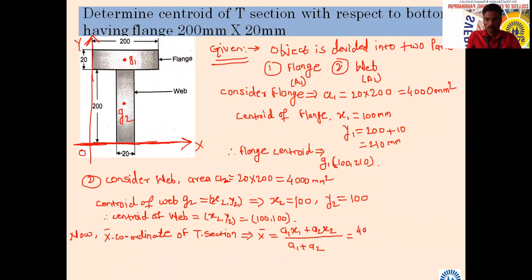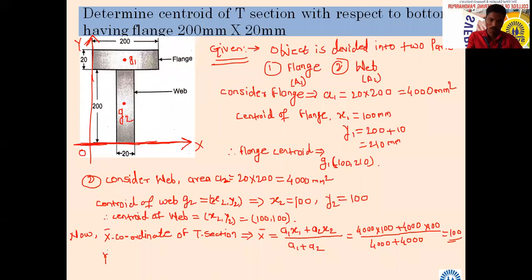A1 is 4000, no? 4000 into x1, how much? 100, plus a2 is again 4000 into x2, again 100, divided by 4000 plus 4000. आता calculate करा, सांगा. 4000 will get cancel. 100 plus 100 is 200, 200 divided by 1 plus 1, 2. 200 divided by 200, it will come 100.